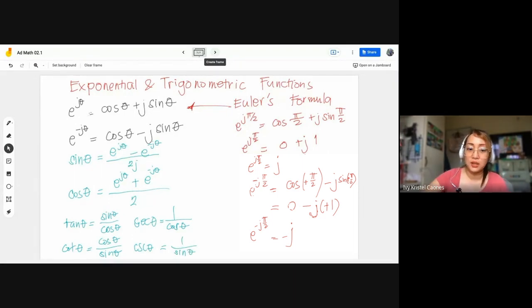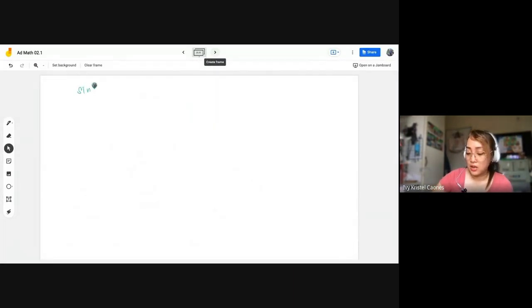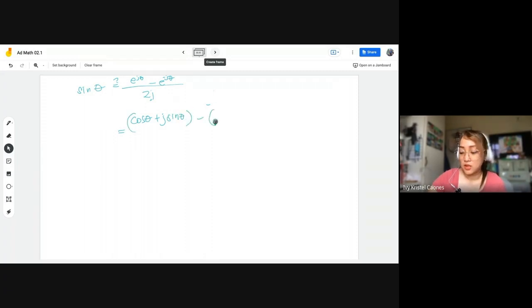How do we prove that it is correct? So sine theta, is it equal to e to the j theta minus e to the negative j theta over 2j? Let's evaluate. E to the j theta is cosine theta plus j sine theta, minus e to the negative j theta, which is cosine theta minus j sine theta, over 2j.